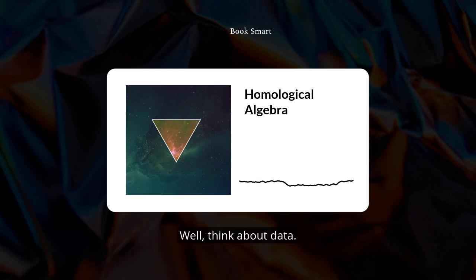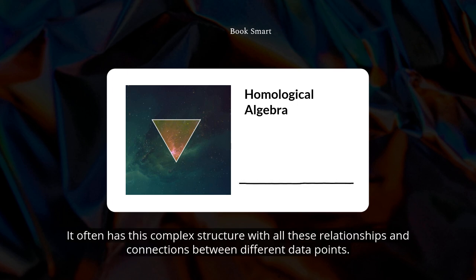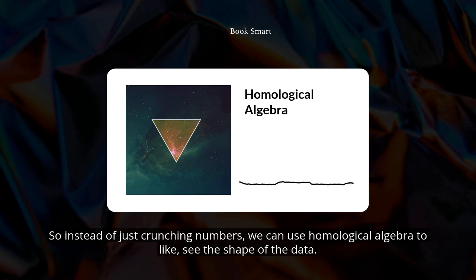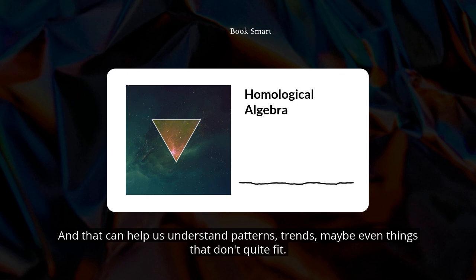Well, think about data. It often has this complex structure with all these relationships and connections between different data points. Homological algebra gives us the tools to analyze those relationships and pull out meaningful insights. So instead of just crunching numbers, we can use homological algebra to see the shape of the data. Exactly, and that can help us understand patterns, trends, maybe even things that don't quite fit.